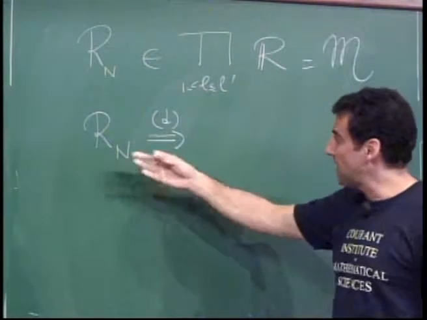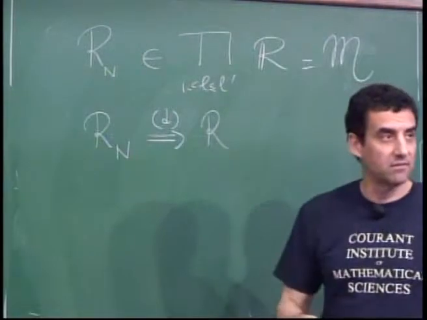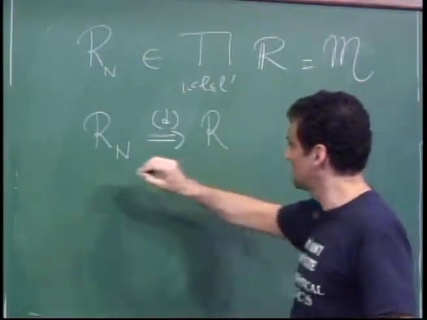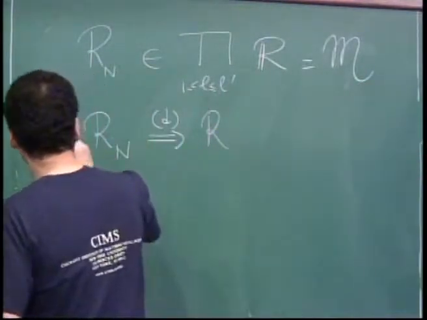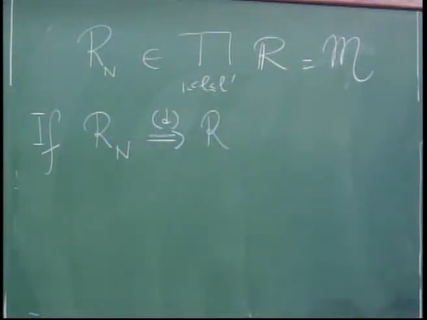So if the law of Rn converged to the law of something, right, then we'd be happy. This limiting object should contain a lot of information.